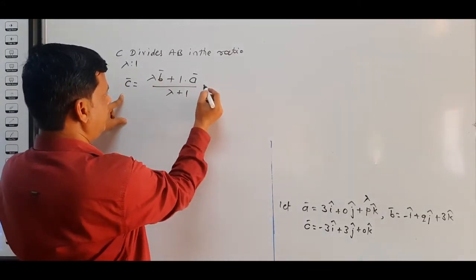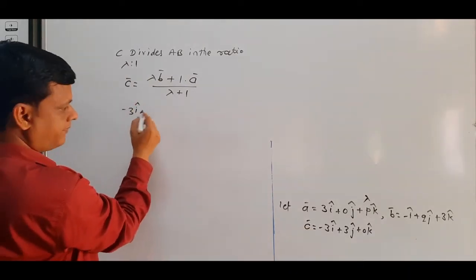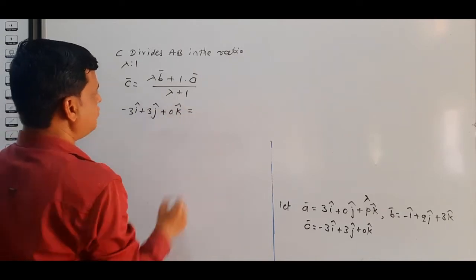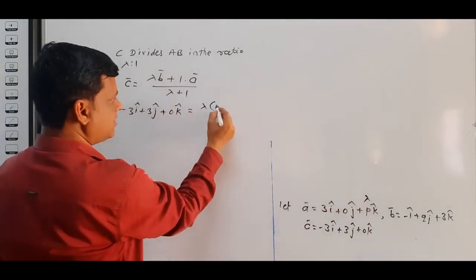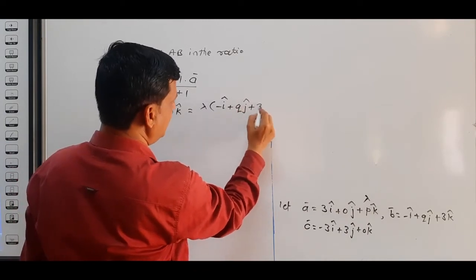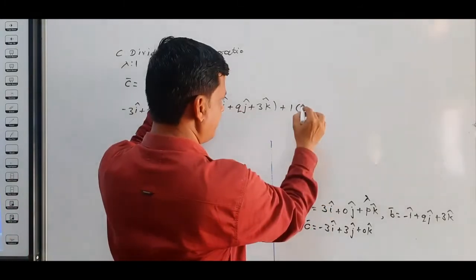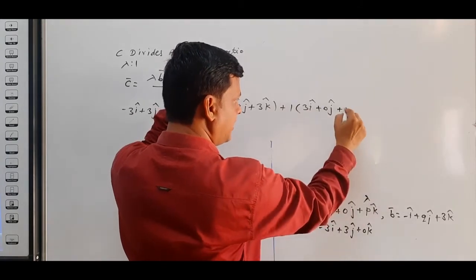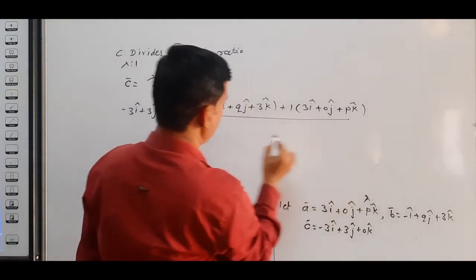So we substitute vector C as minus 3i plus 3j plus 0k equals lambda into vector B, which is minus i plus qj plus 3k, plus 1 into vector A, which is 3i plus 0j plus pk, upon lambda plus 1.